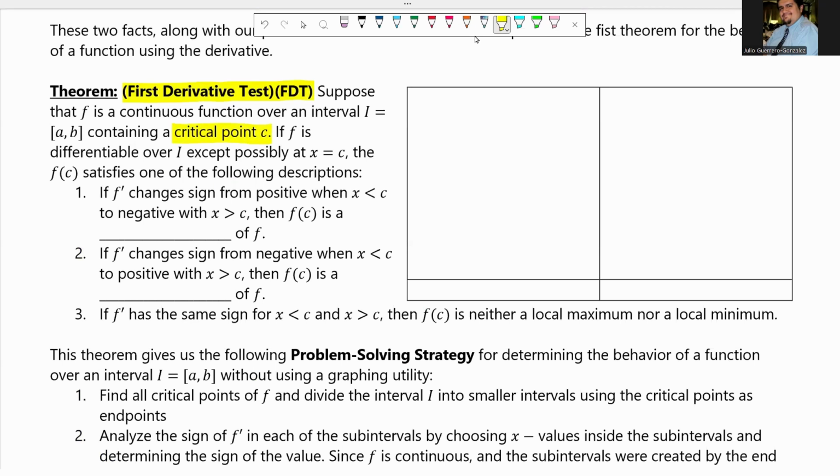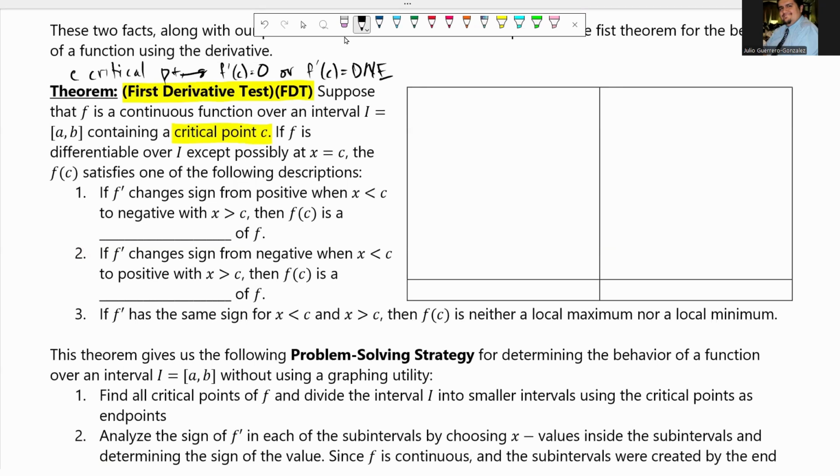If you remember a critical point, I'm going to write it up here: c. A critical point means that f prime of c is equal to 0, or f prime of c is undefined or does not exist.